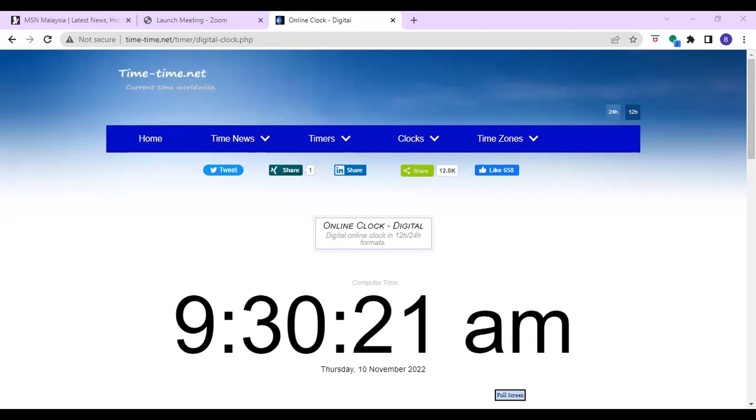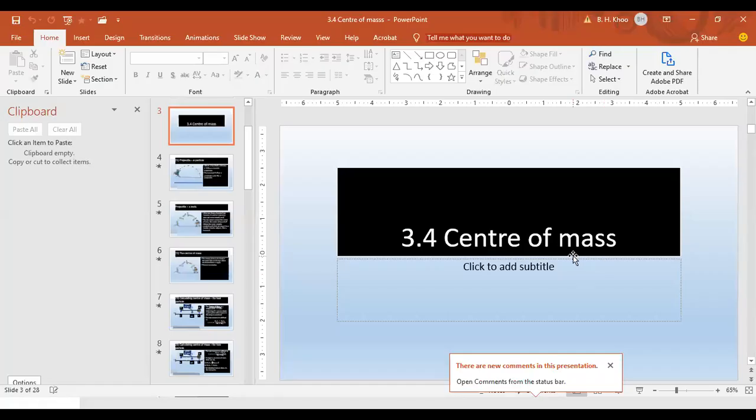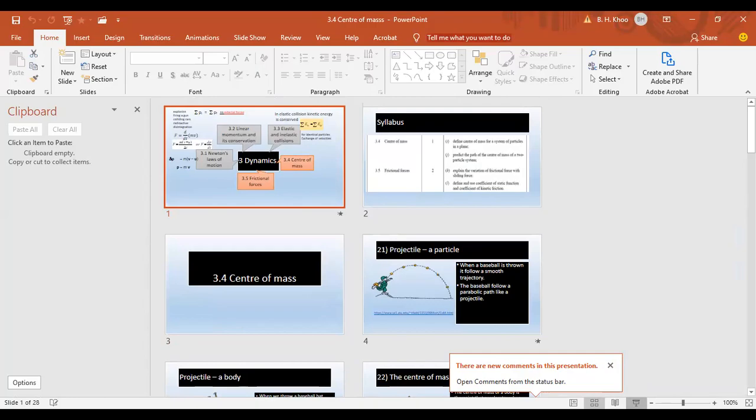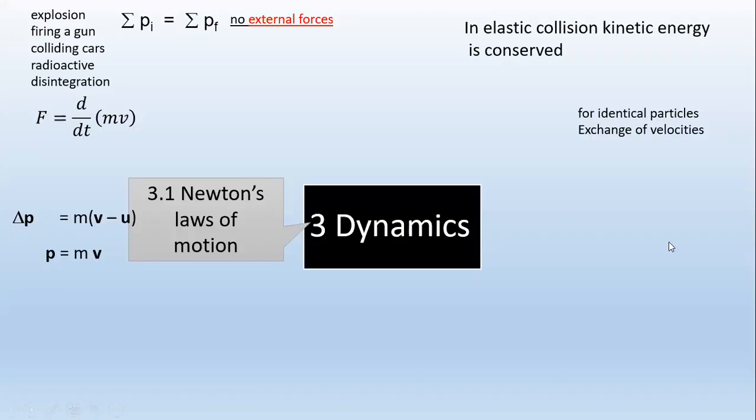Let us begin with the topic for today. Okay, today we are going to study center of mass.